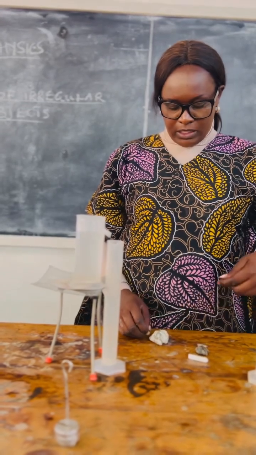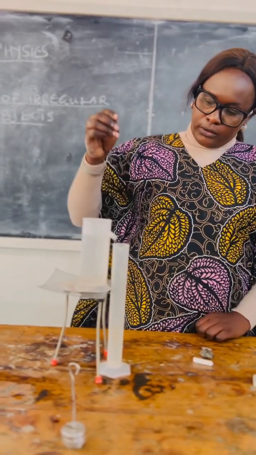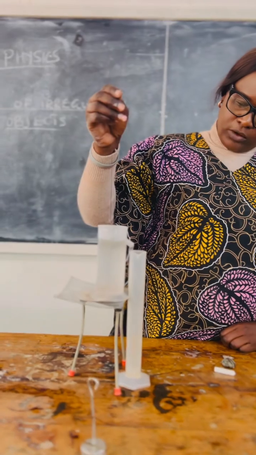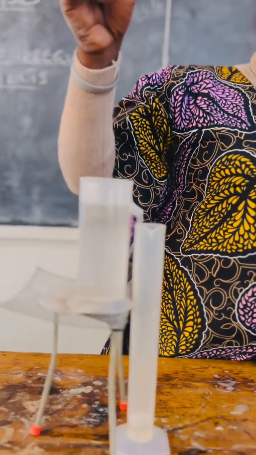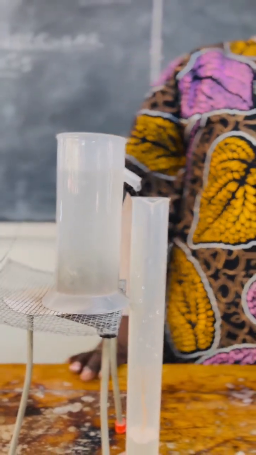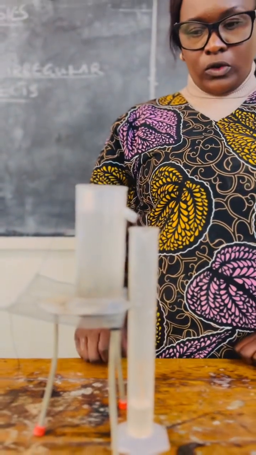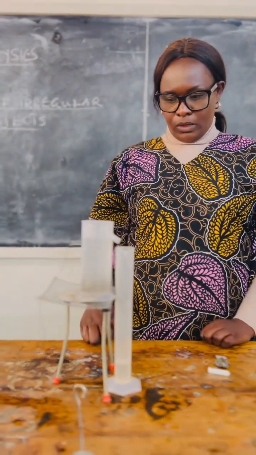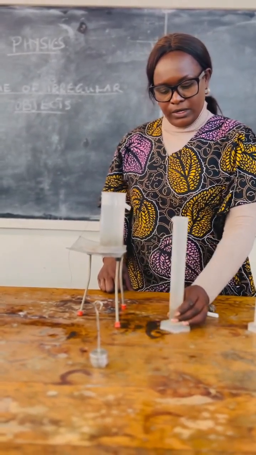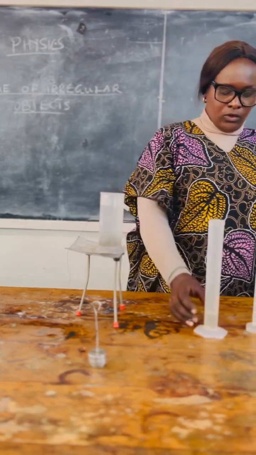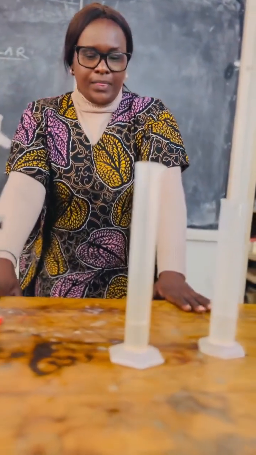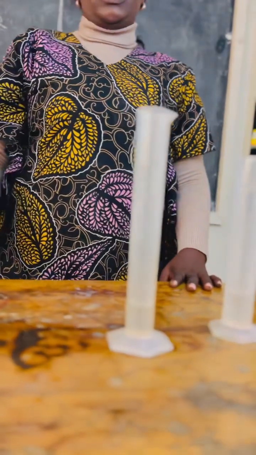When it is firmly tied, I'll get the stone and I'll lower it into the overflow can. I'm sure you can observe that the water is overflowing into the measuring cylinder. You should wait for all the water to flow into the measuring cylinder. When that is done, you can now remove the measuring cylinder, go down and read the volume of the water that is collected in the measuring cylinder.